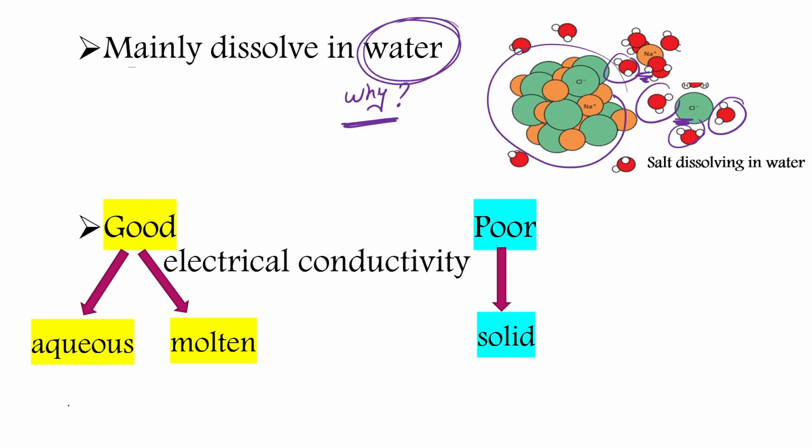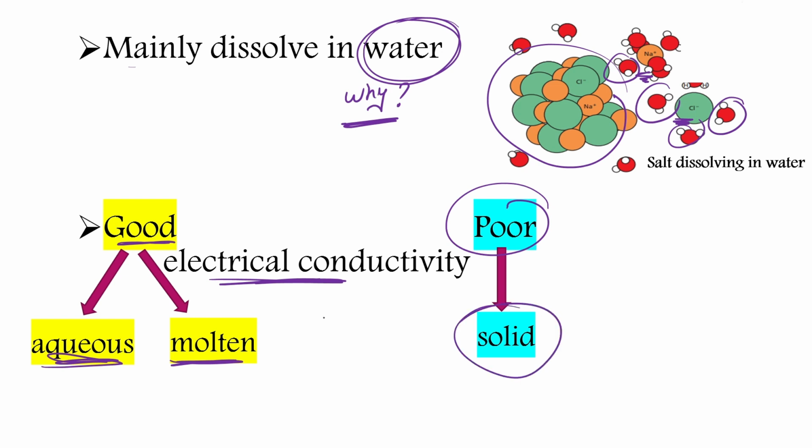Also, ionic compounds have good electrical conductivity when in the molten state or in aqueous solutions, but they have poor conductivity when in the solid state. Why?